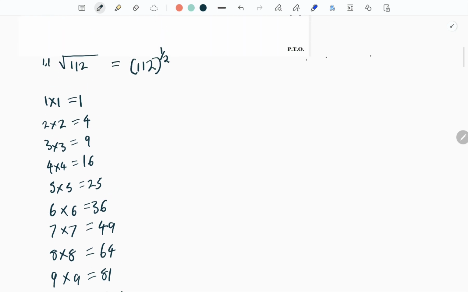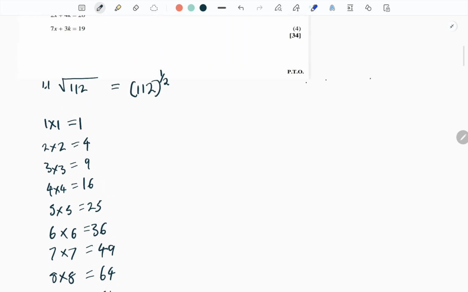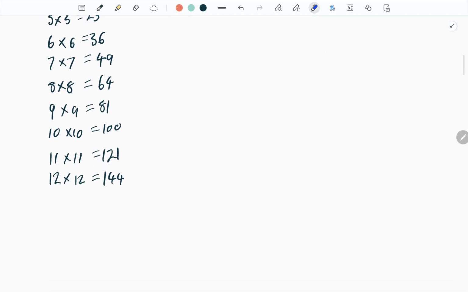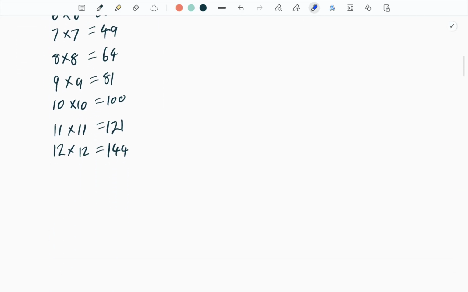Now the number of interest is 112. We must look at our list of perfect squares to see where 112 falls, since 112 is under the square root sign. 112 is greater than 100.